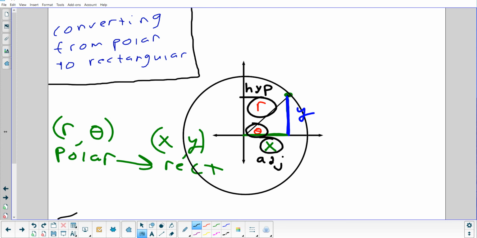Yep. So we're going to use cosine. Cosine is how you figure out the x value of a coordinate when you're converting from polar. You use the cosine. So the cosine of my angle would equal, and then we do adjacent over hypotenuse. X is adjacent, hypotenuse is r.